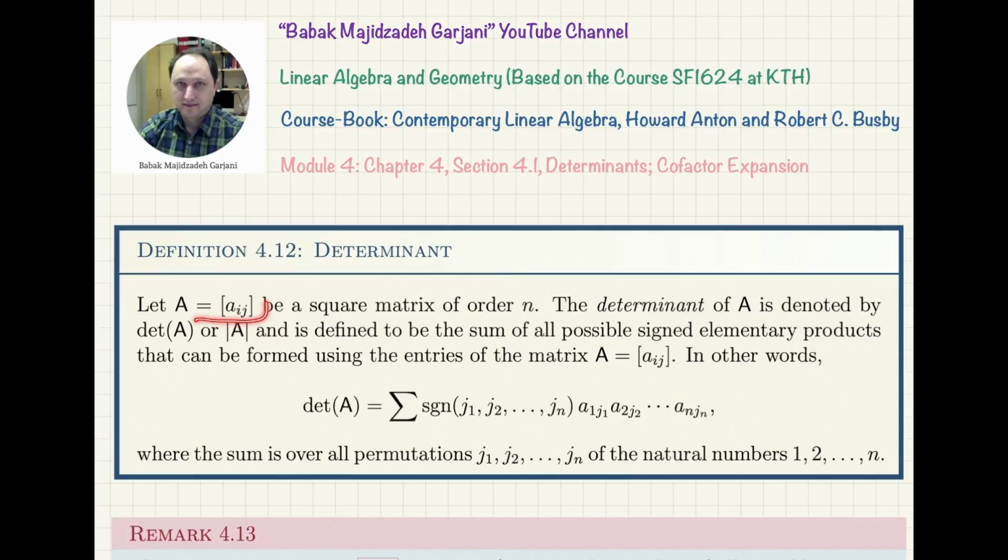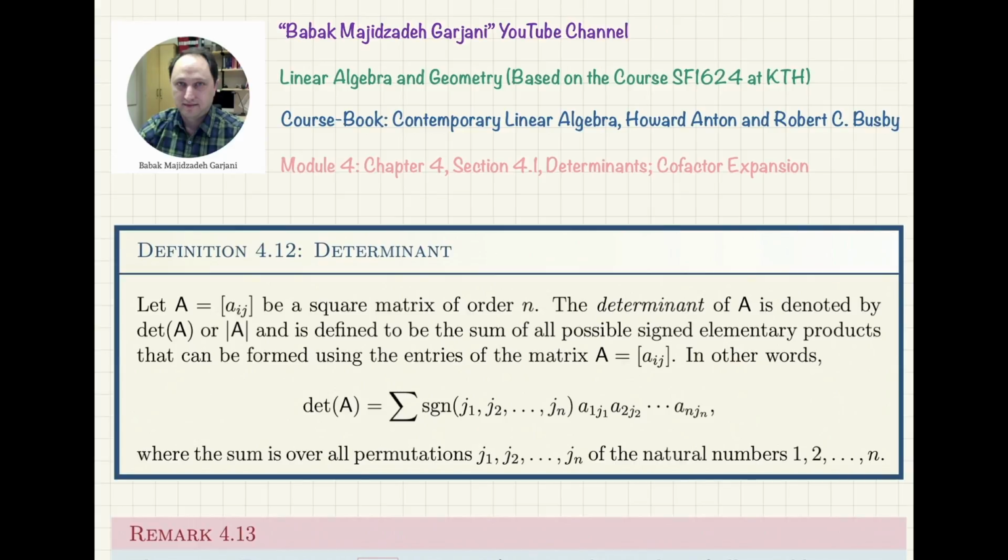Let A be a square matrix of order n. The determinant of A is denoted by either this symbol, det of A, or the symbol which is similar to absolute value, but it is not, and is defined to be the sum of all possible signed elementary products that can be formed using the entries of this matrix.